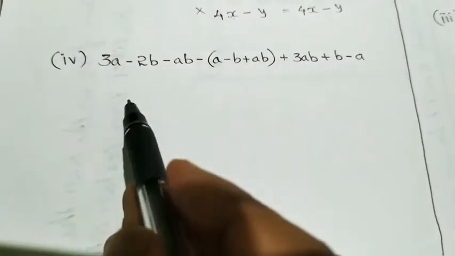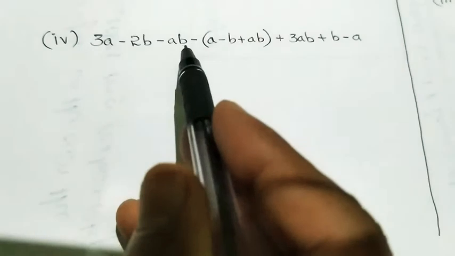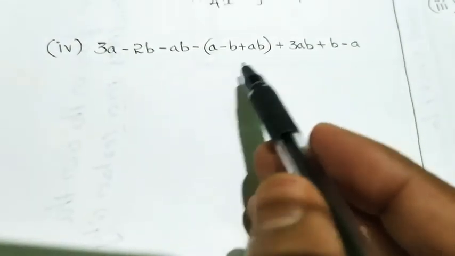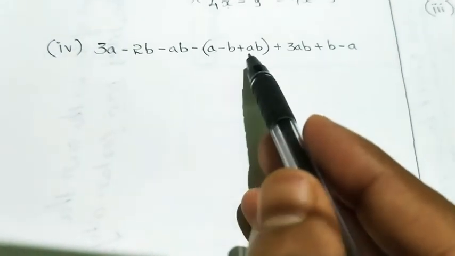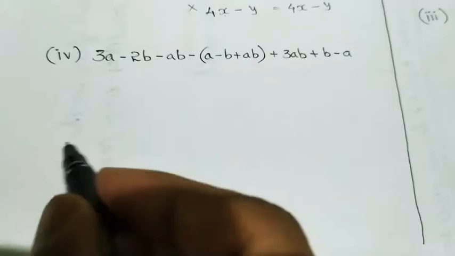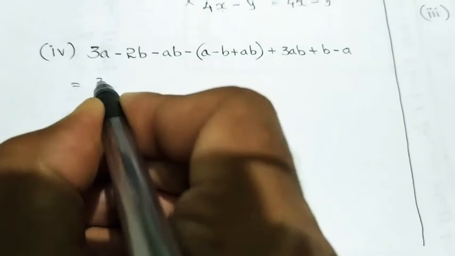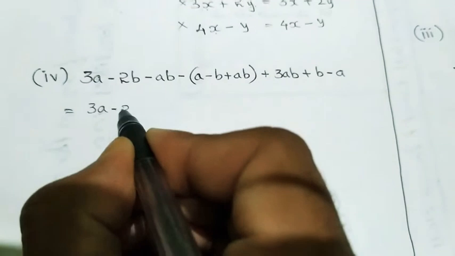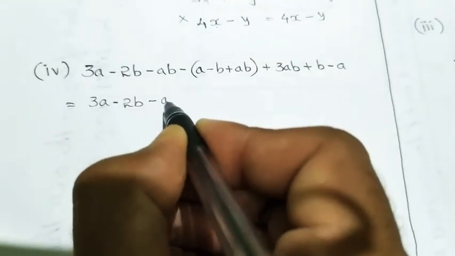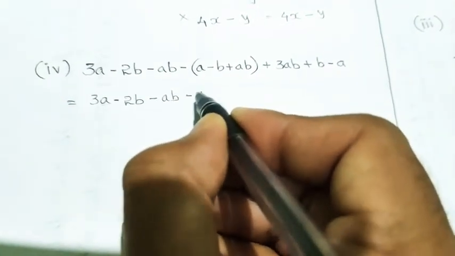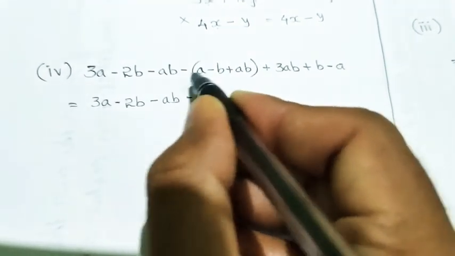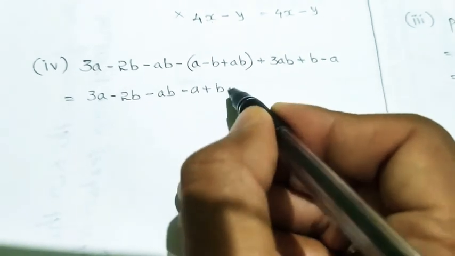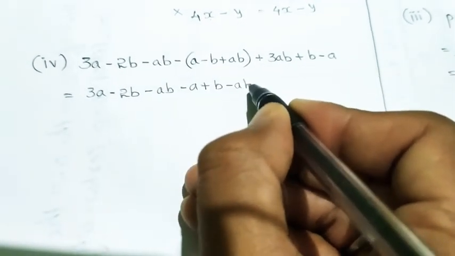Now the fourth one, 3a minus 2b minus ab minus of, here they gave a bracket, (a minus b plus ab). Okay, open this bracket first and afterwards rearrange the like terms. So here 3a, minus 2b, minus ab, minus into a is minus a, minus into minus is plus b, minus into plus is minus ab.